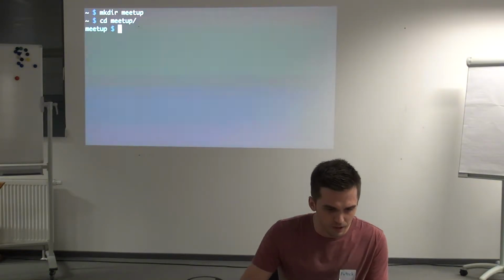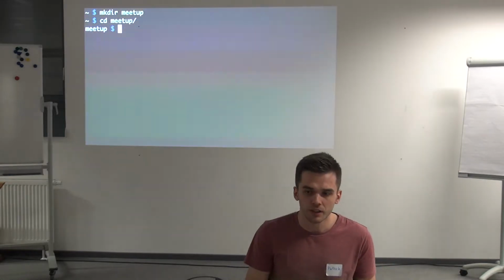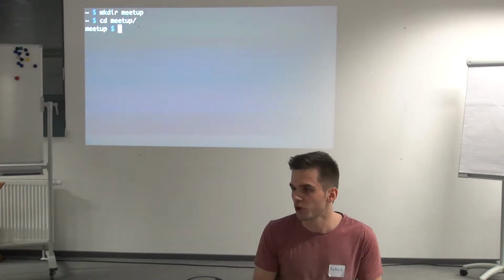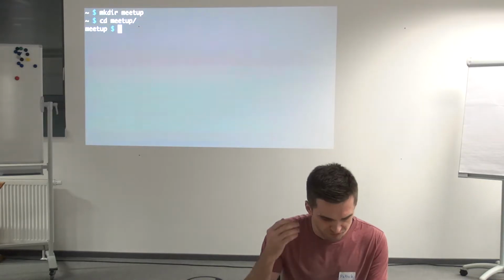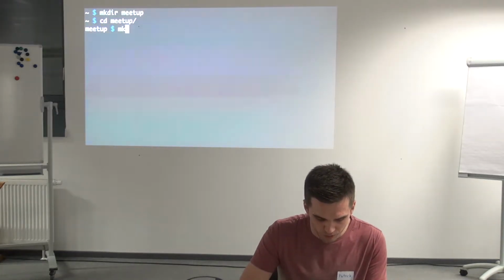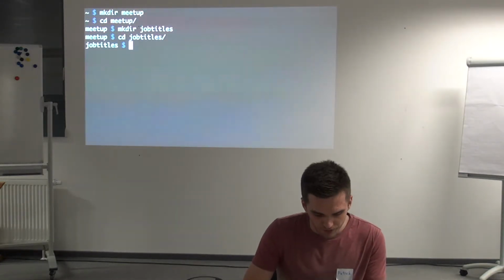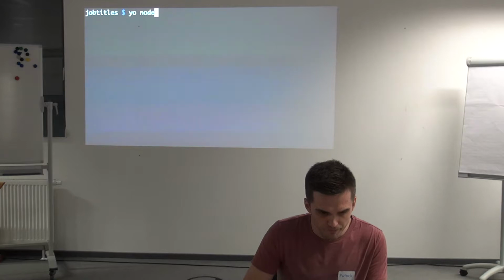Let's go there. All right, and now I guess we could start with the generator-node, which is for building node modules, and it sets up the basic structure for that. So let's create a folder, job-titles, and here we can just run this generator by saying yo node.